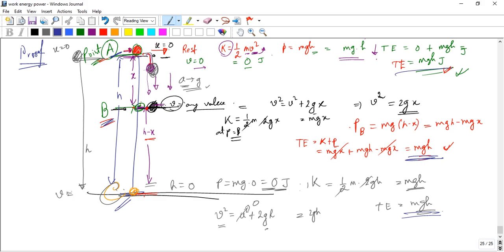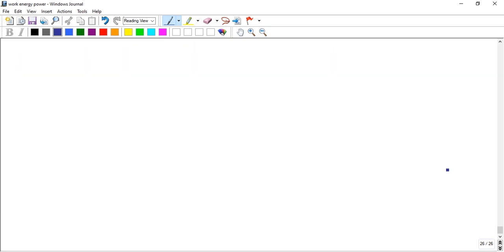Okay. Now, if I draw a graph of that situation, there is a displacement from the ground to a height, suppose h.